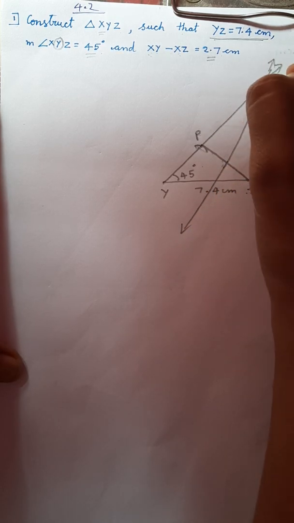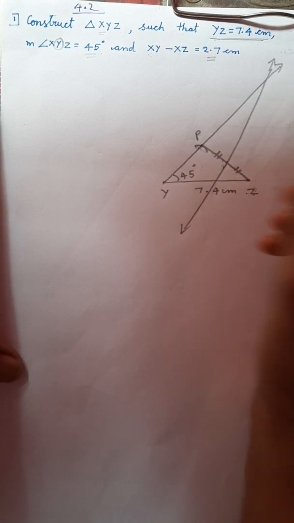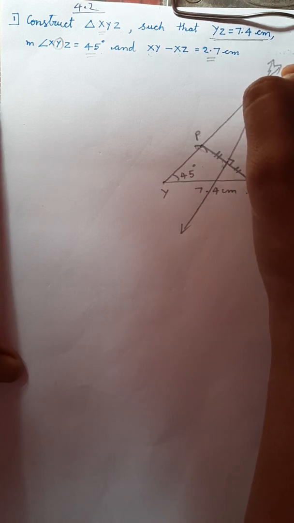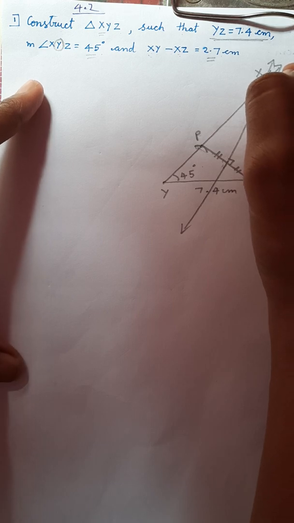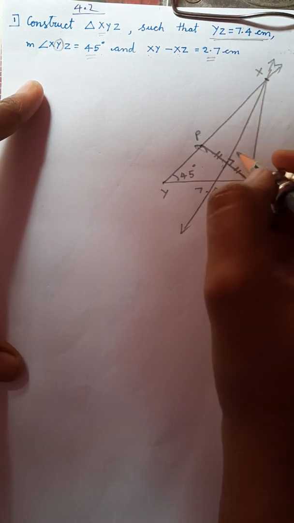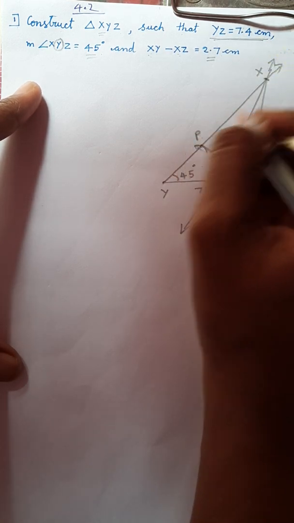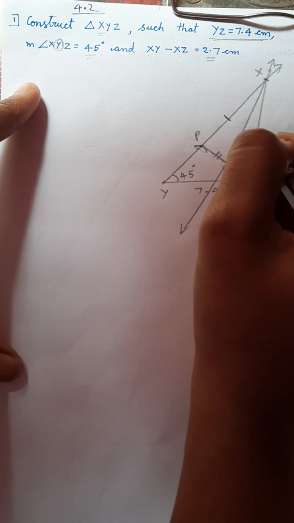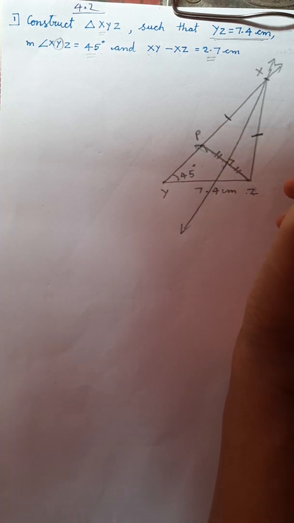Okay, and both these measures are equal and this is the perpendicular bisector, and wherever the bisector meets the line, this point is X. Why is it X? Join X and Z; the distances XZ and XP are both equal. We know the property. Which property?